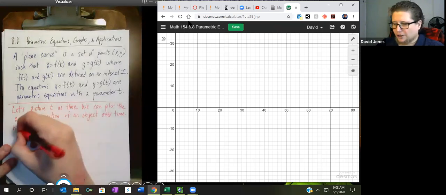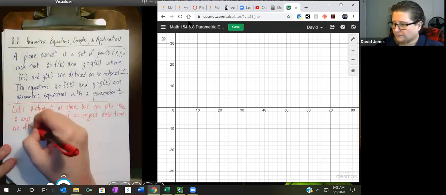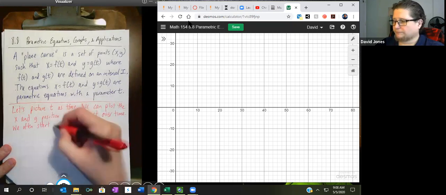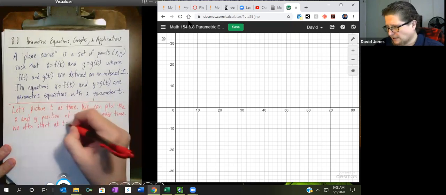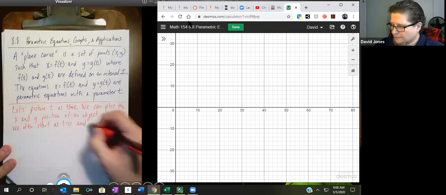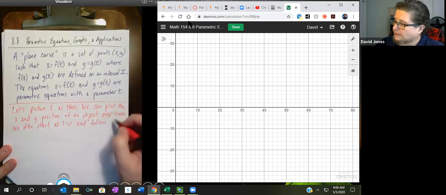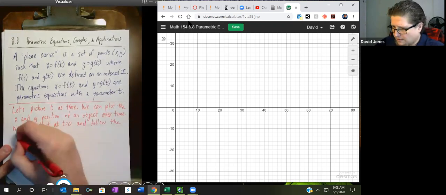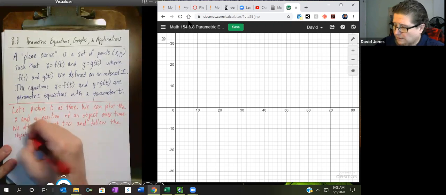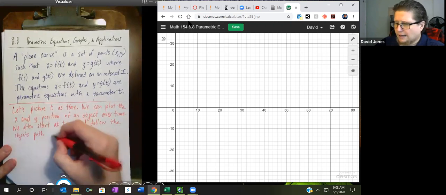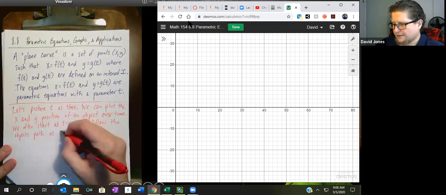So we often start at t equals 0, like launch time, and follow the object's path as time increases.